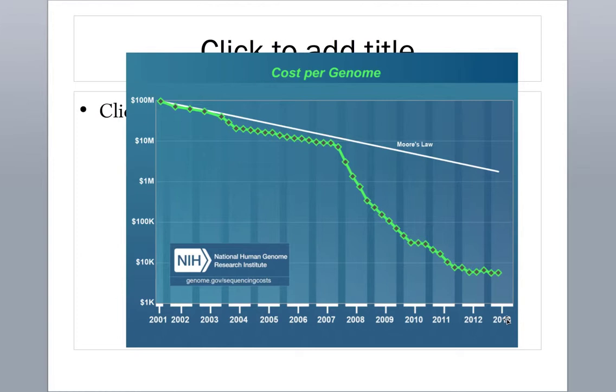So the sequencing cost is getting lower and lower, and of course the goal is to push it under $1,000, so you can sequence your genome for practically the price of an MRI test, which is right now $800. Hopefully, with these new technologies, we will be able to get more and more sequences and use them to better understand the human genome. Thank you very much.